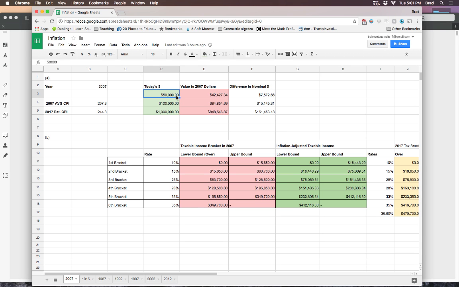So the value of the dollar, one single dollar, has lost value over time. You need more money to purchase the same amount of goods and services. Likewise, I've computed 100,000 equivalent in 2007 dollars and 1 million.